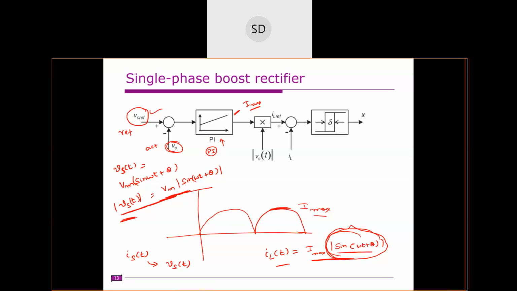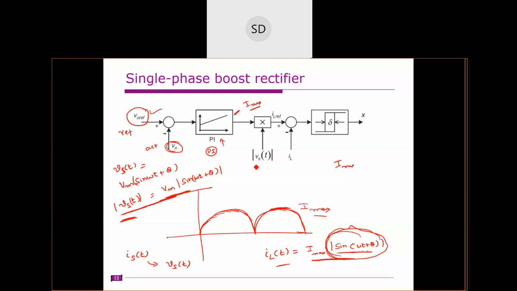Now we have got the I maximum. Next we need to generate the reference current for the inductor. That reference current is of the shape I maximum sine omega t plus theta. How do we get sine omega t plus theta?